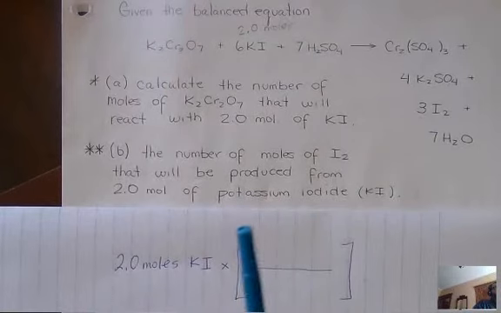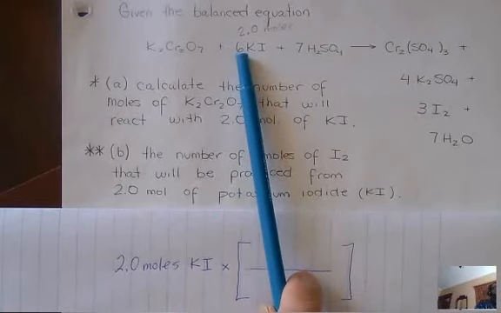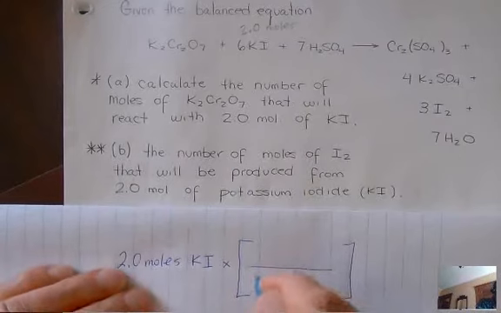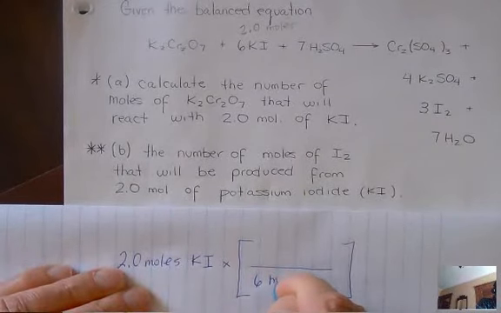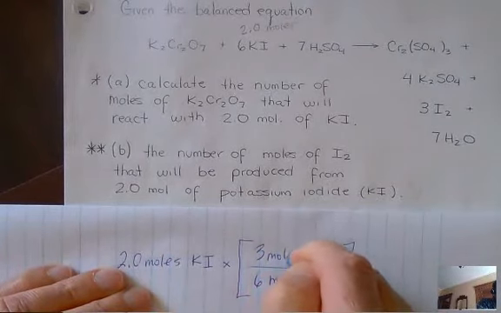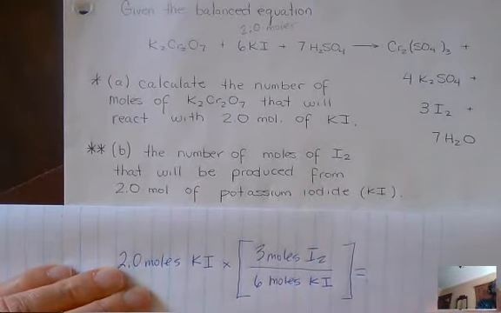All right, go back up to the balanced equation. Let me be a little more careful this time. Here's my relationship. For every 6 potassium iodides that go in, 3 iodines come out. So this is 6 moles KI go in, and 3 moles of I2 come out.